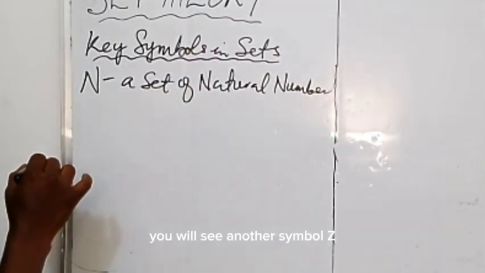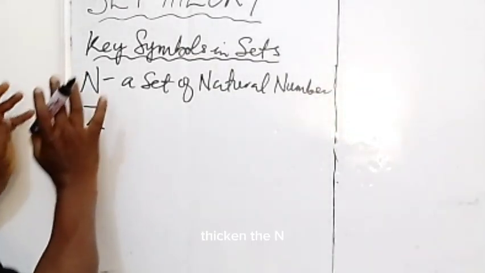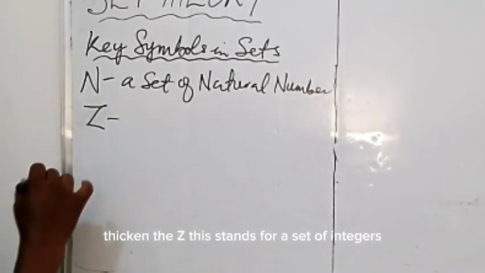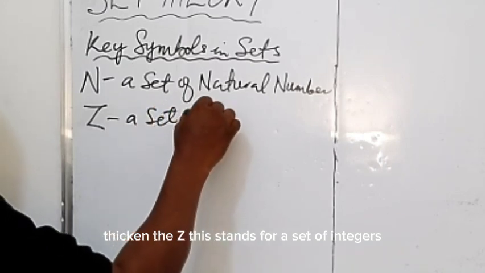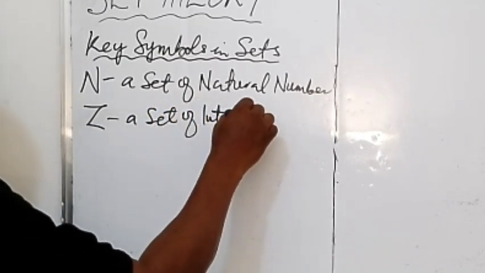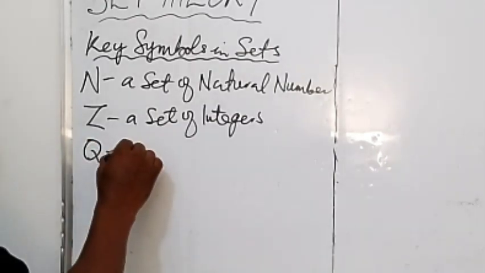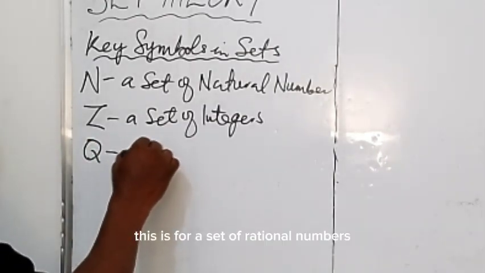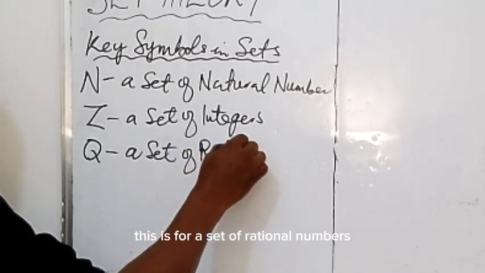You will see another symbol, Z. There's a way they write it, they kind of thicken the N, thicken the Z. This stands for a set of integers. You will see letters Q. This is for a set of rational numbers.